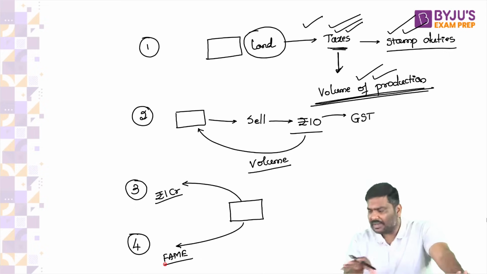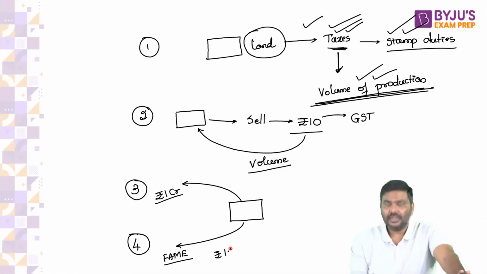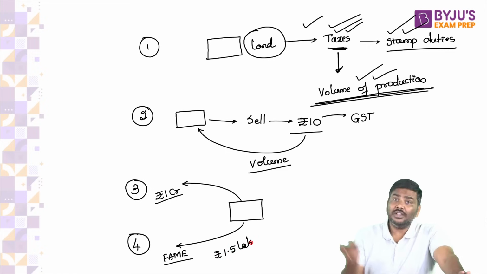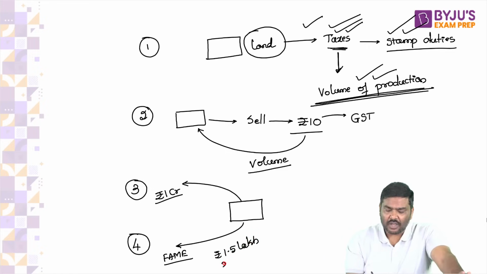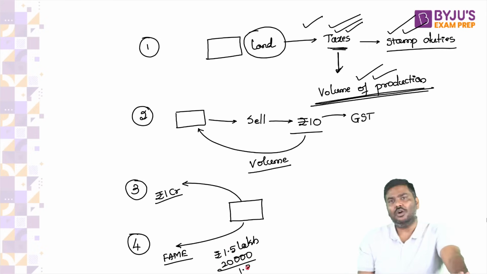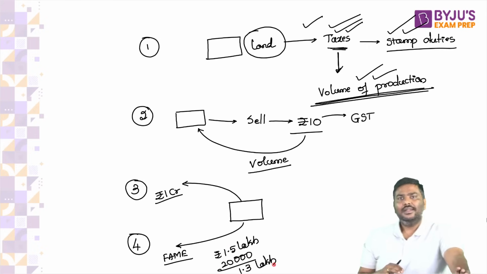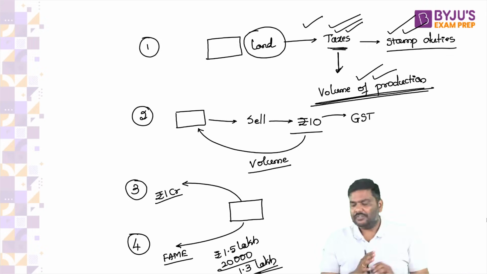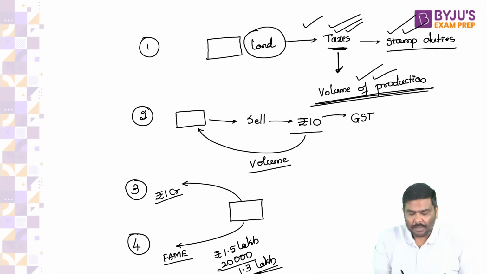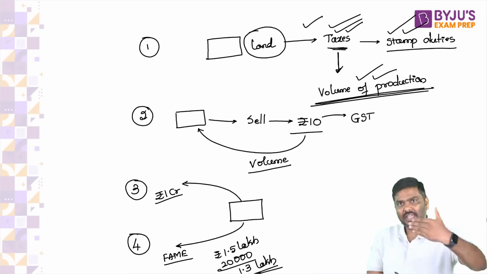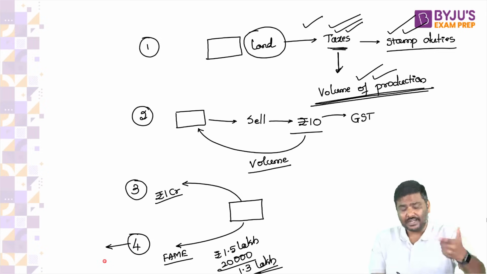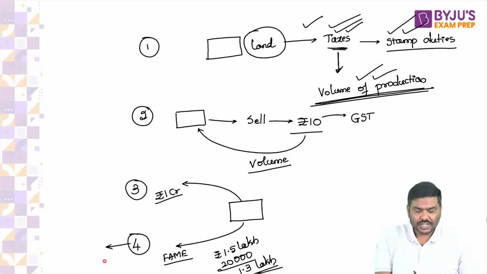Under the FAME initiative, imagine you produce an electric vehicle, price is 1.5 lakh rupees. Government will give on this one vehicle produced a subsidy of, let's say, 20,000 rupees, which means the price of this vehicle in the market will come down to 1.3 lakh. Now look at example 3 and example 4. Can I say example 4, it is the subsidy given by the government which is dependent on volume of production that you are doing.